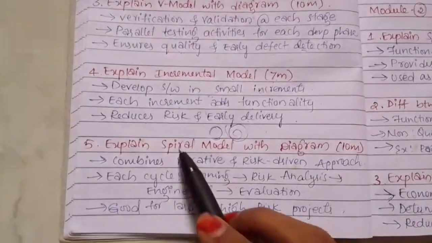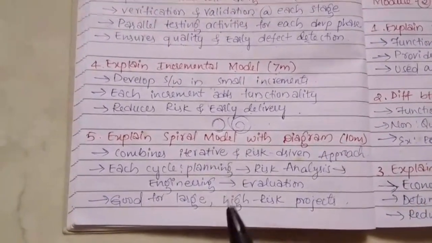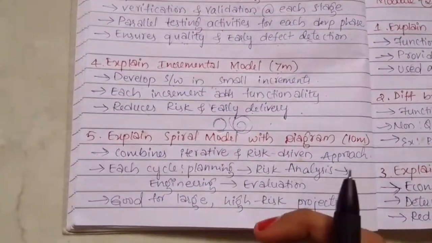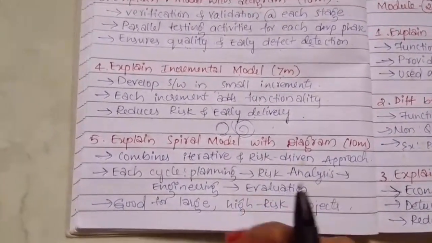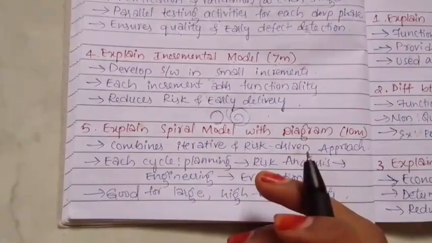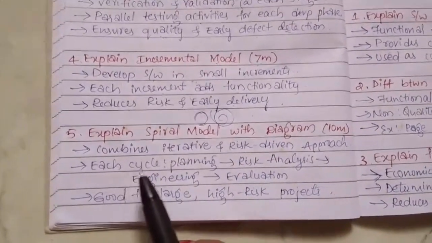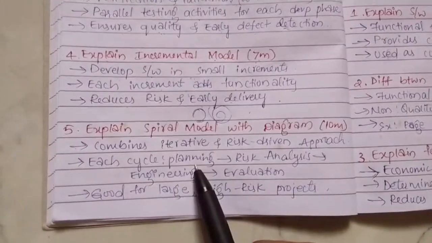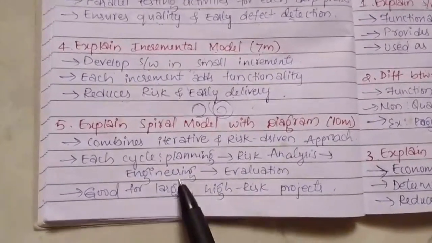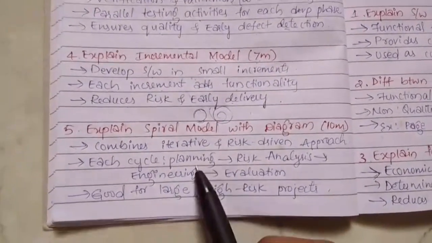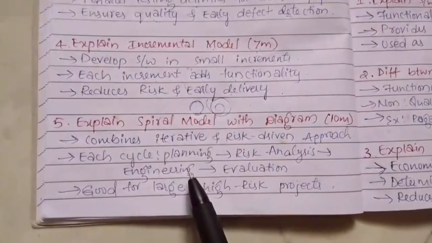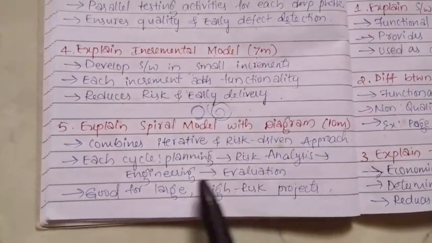Risk is there in this spiral model because if you want to change any requirements in the middle, you can easily change it. You can add or remove anything. Each cycle has planning, risk analysis, engineering and evaluation.